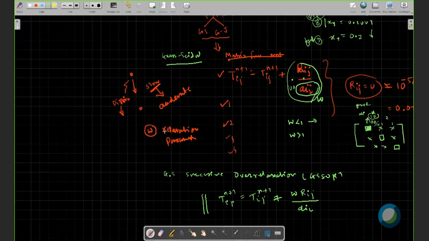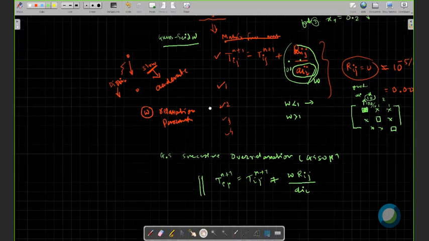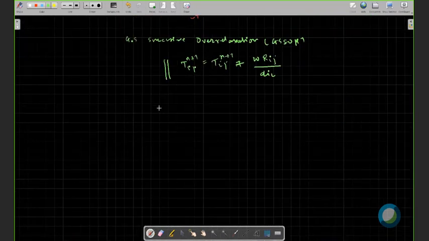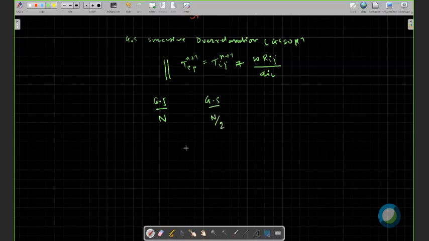Now, why Gauss-Seidel? Why not Gauss-Jordan? We have already mentioned that if the Gauss-Jordan method takes n number of iterations, then the Gauss-Seidel method takes n by 2. So the Gauss-Seidel method is very fast compared to Gauss-Jordan.